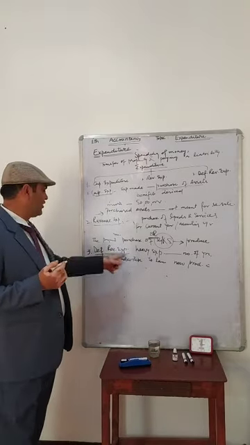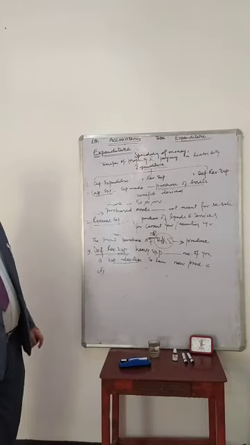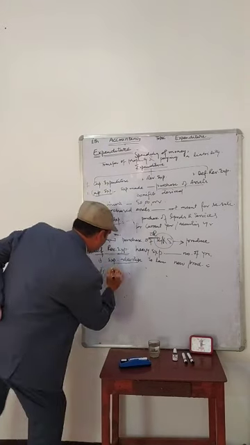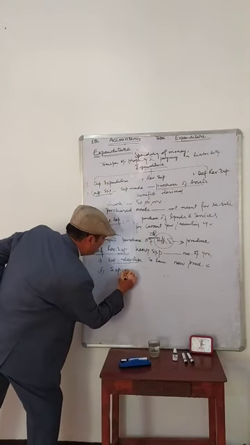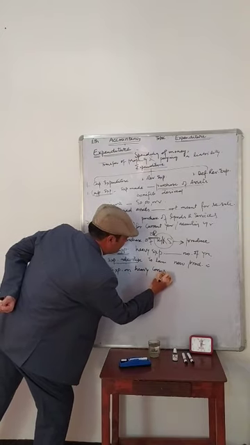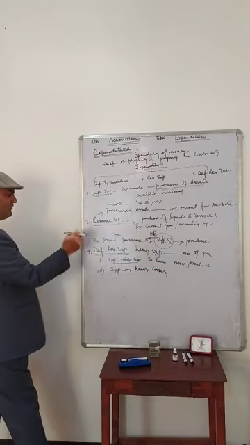Number 2, expenditure on heavy losses. This is called deferred revenue expenditure.